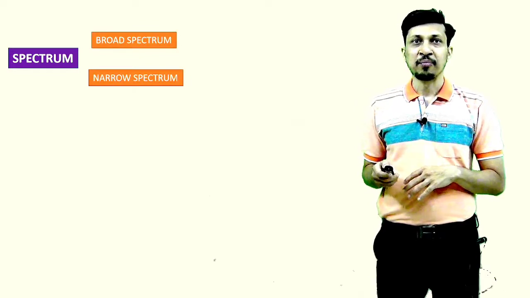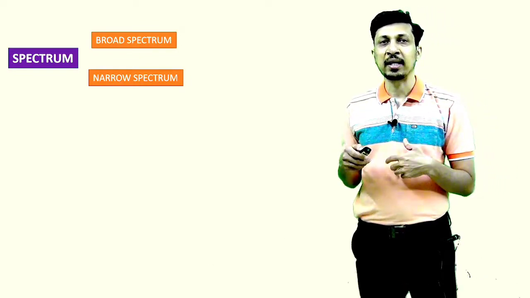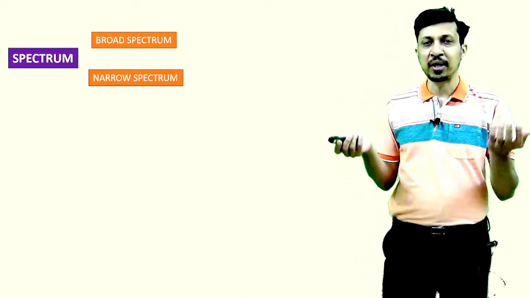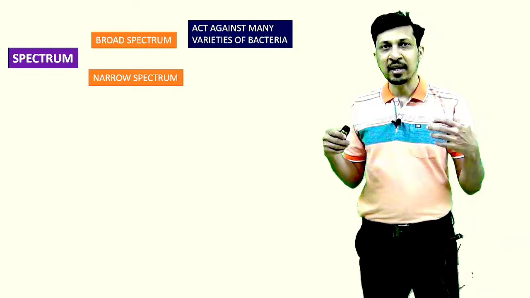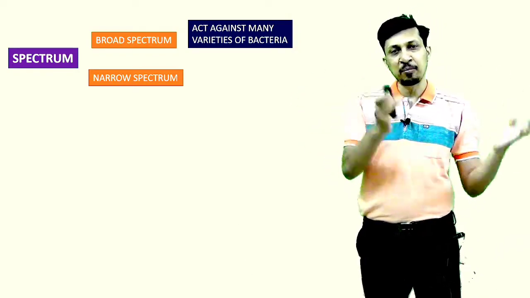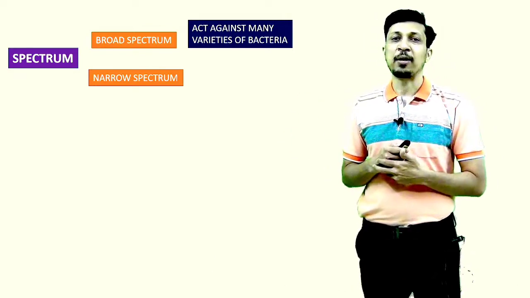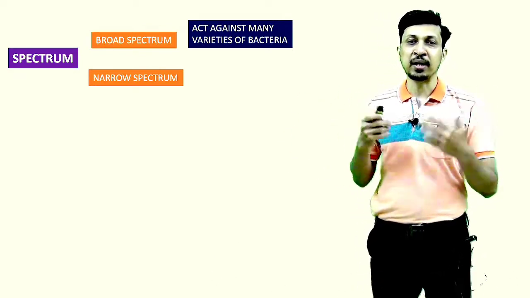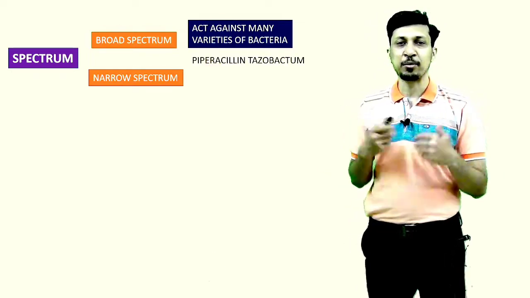So the drugs on this basis are divided into broad spectrum antibiotics and narrow spectrum antibiotics. The drugs that act against the maximum number of bacteria, that is they act against the gram positive also and the gram negative bacteria also, are called broad spectrum antibiotics, and the example of this is piperacillin tazobactam.